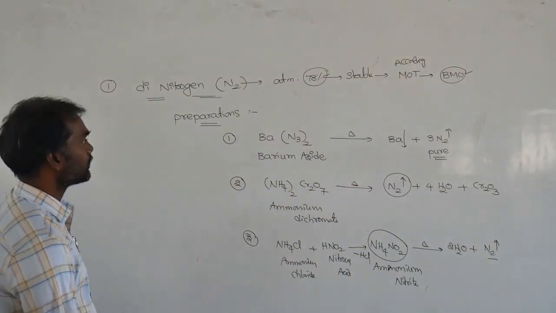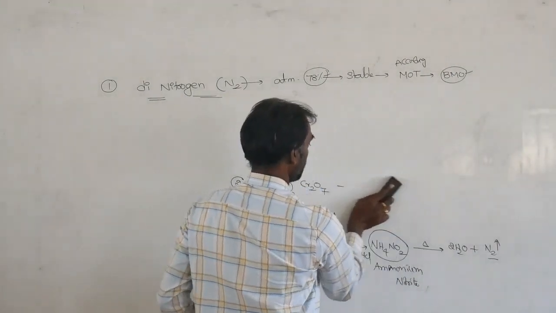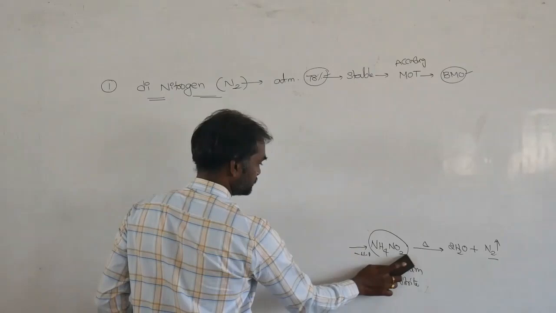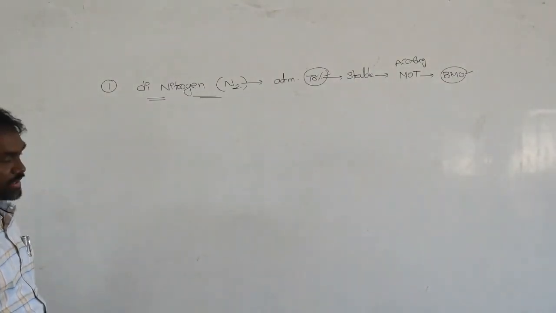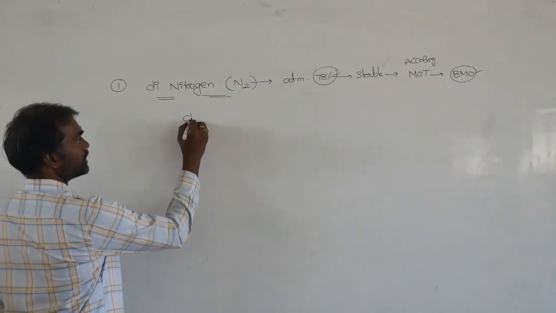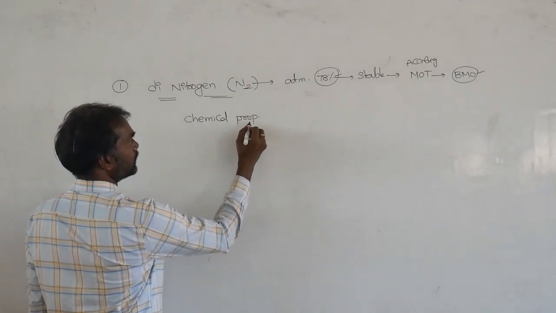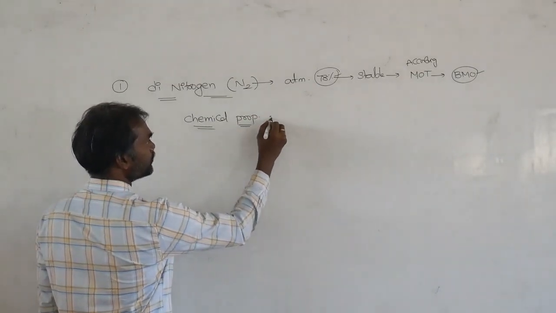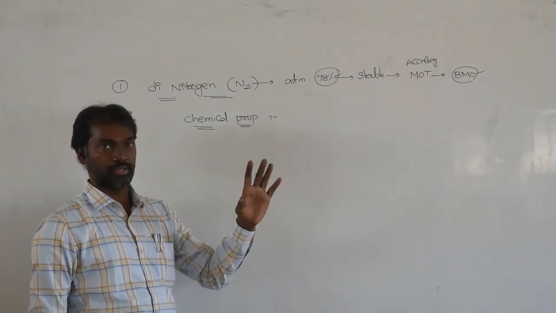Next, chemical properties. Here, in your theory, three chemical properties are given. Any compound is minimally reactive with hydrogen and oxygen, those two are the common things.